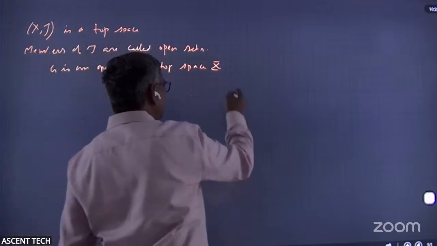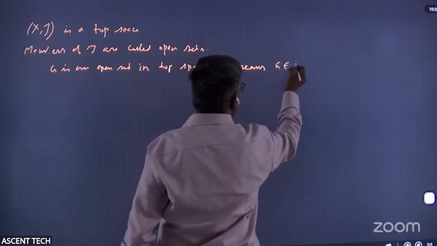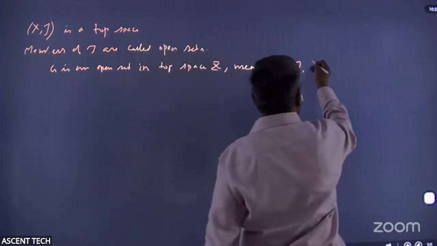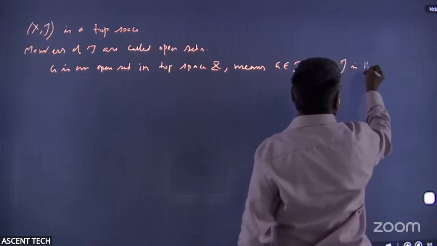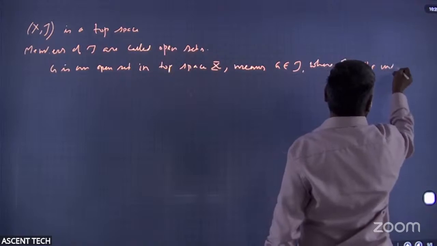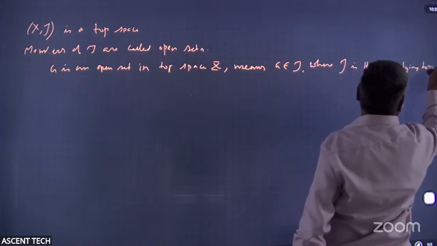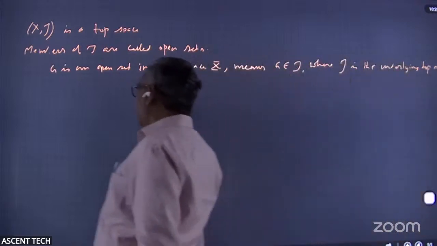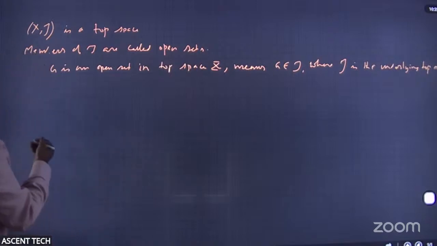It means G belongs to T, where T is the underlying topology on X. And then I think last thing we did is that closed sets are introduced.